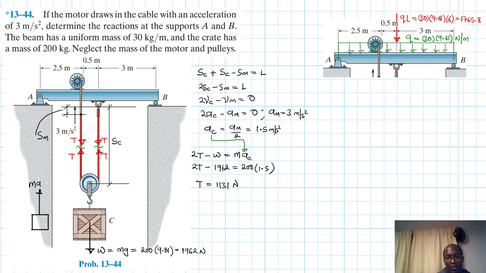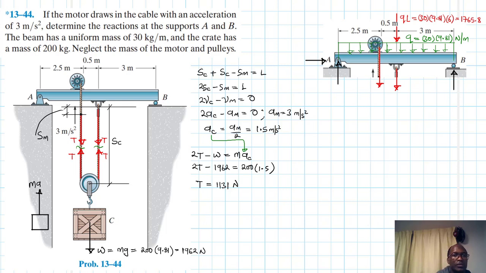Then we also found our T. So we do have T here, this is our T and another T there. Then we do have the reaction forces there on the simply supported beam.